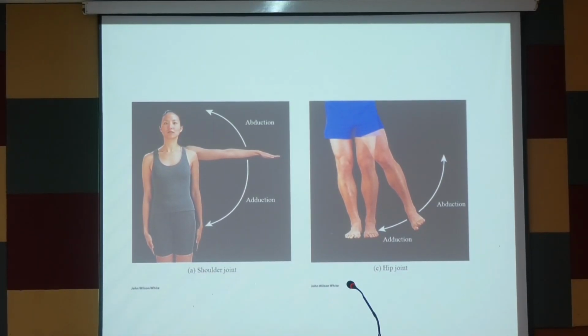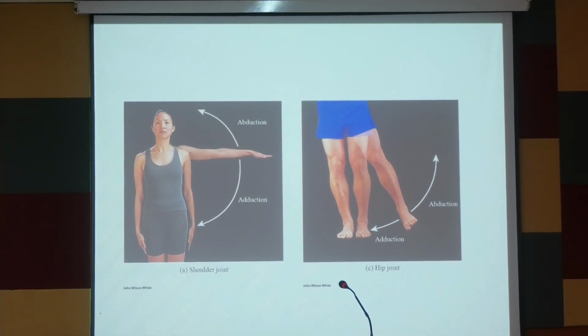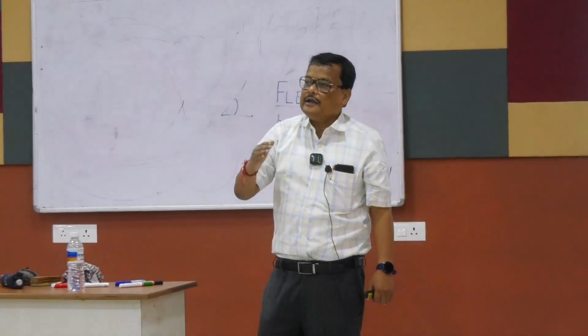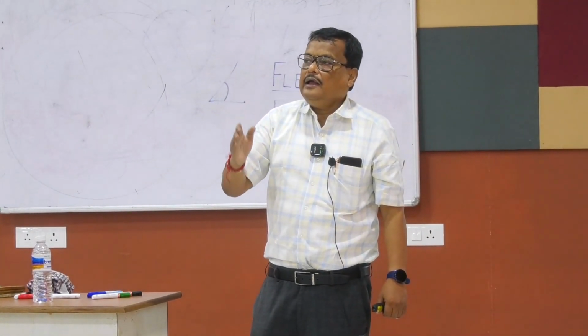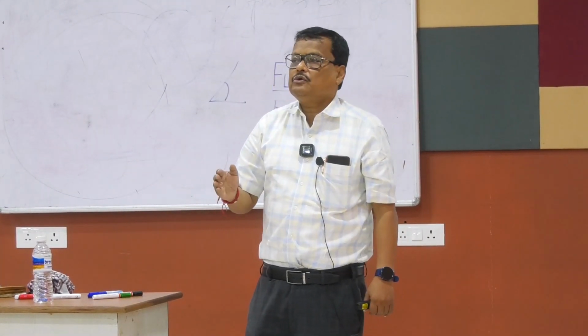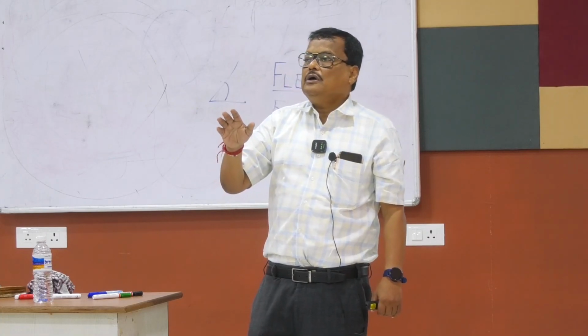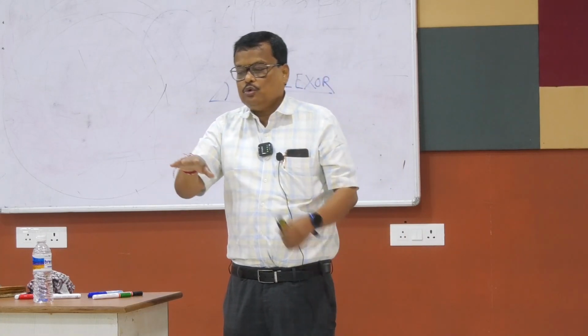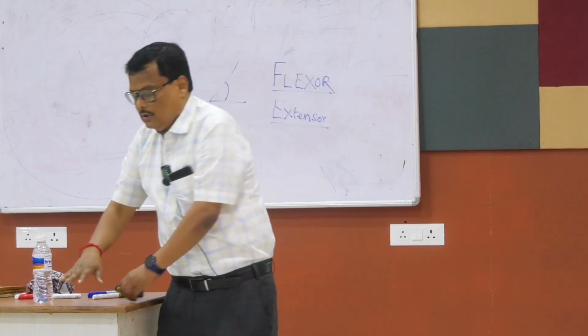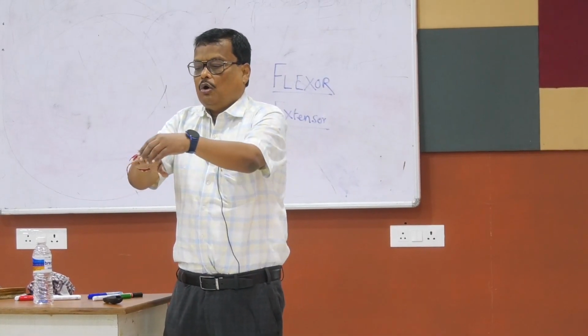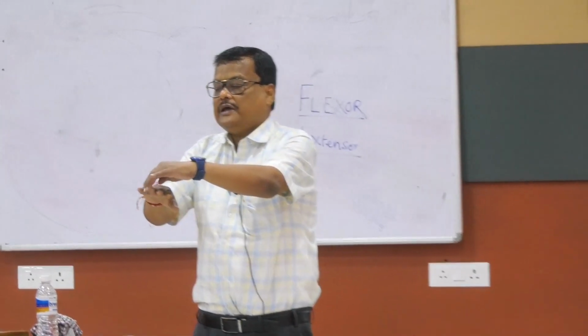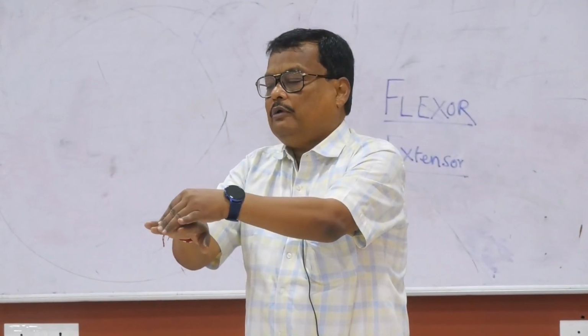Any toe that moves towards the second toe is adduction, and any toe away from the second toe is abduction. All these toes going towards the second toe is adduction, away is abduction.